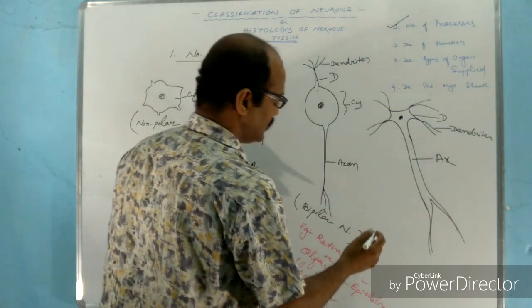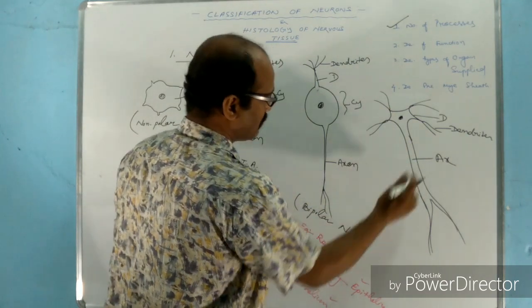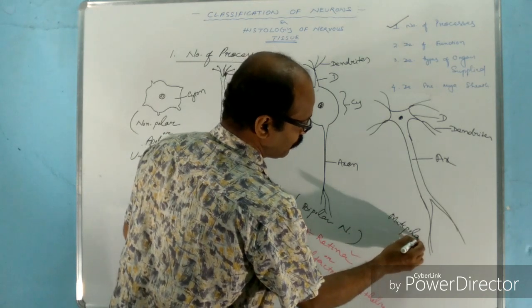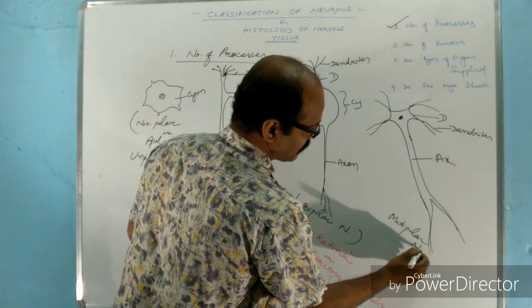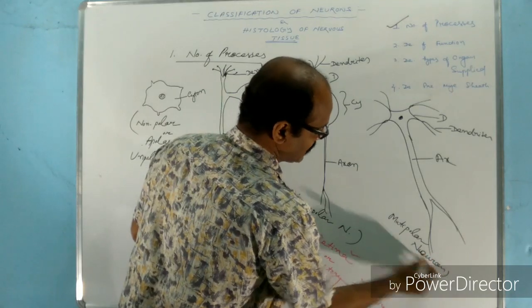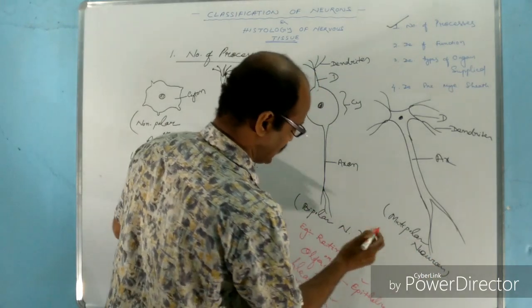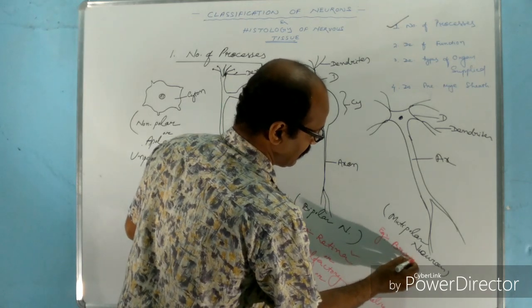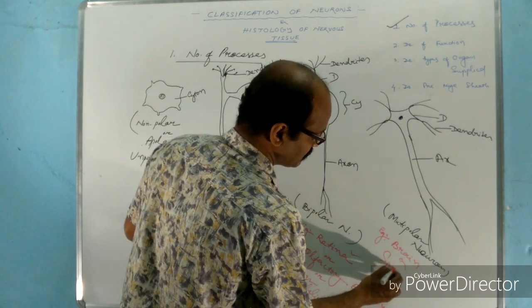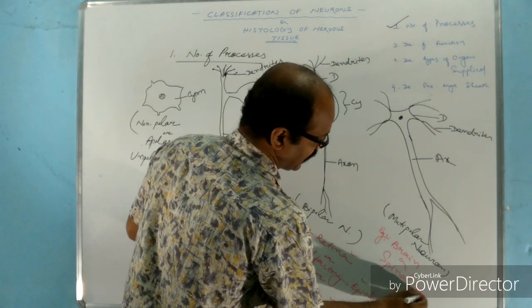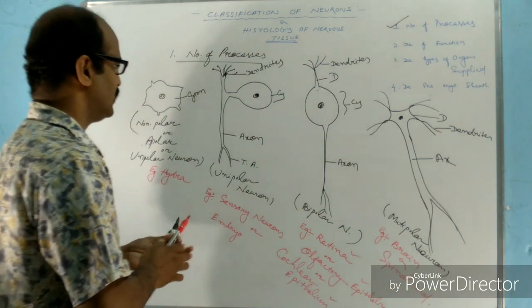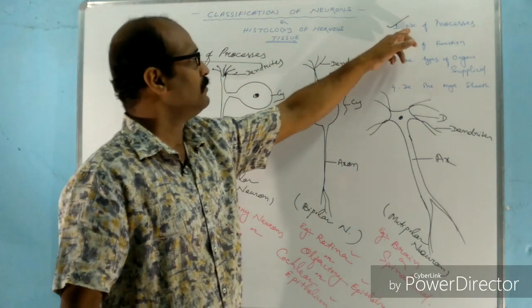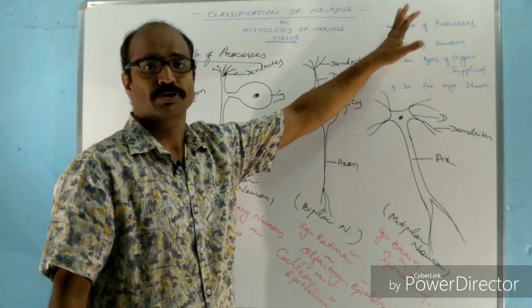This is known as the multipolar neuron, having a number of poles, and such neurons are actually present in our central nervous system, in our brain and spinal cord. So these are the 4 types of neurons on the basis of the number of processes.